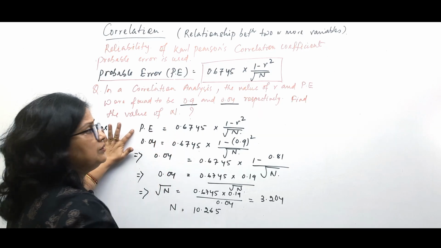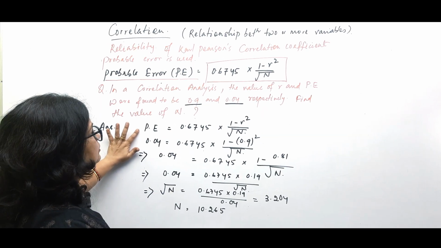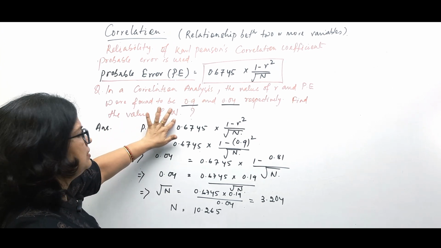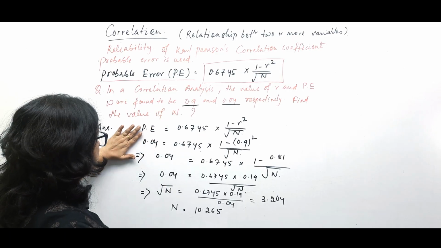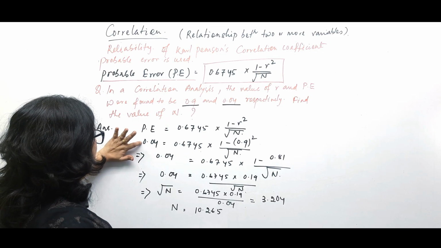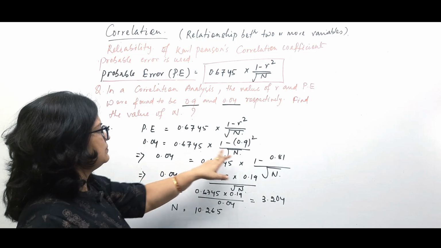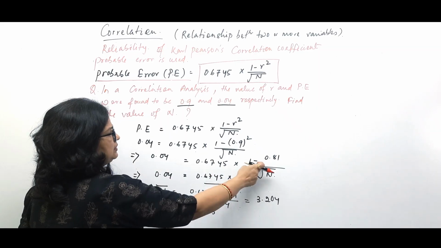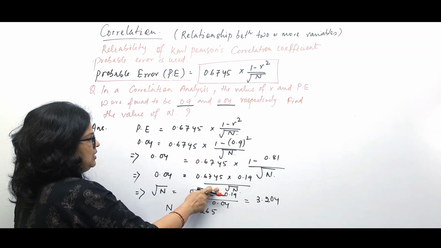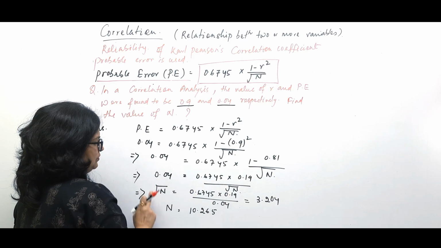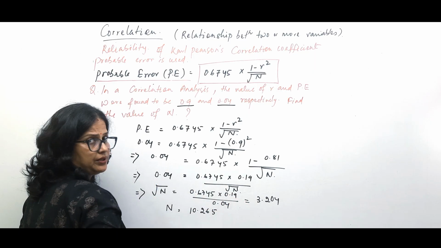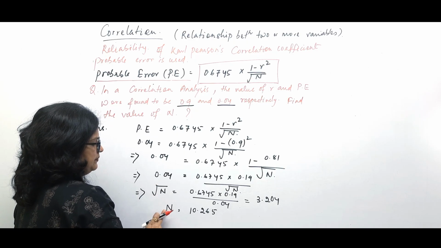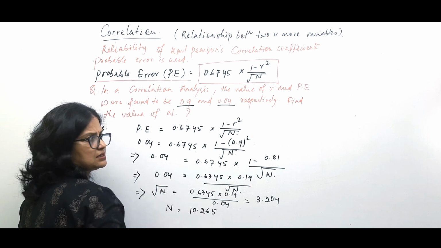We need to find the value of n, the number of observations. So put it directly into the formula: 0.04 equals this, root of n. Root of n is 3.204, and to calculate n you square this, so n equals 10.265.